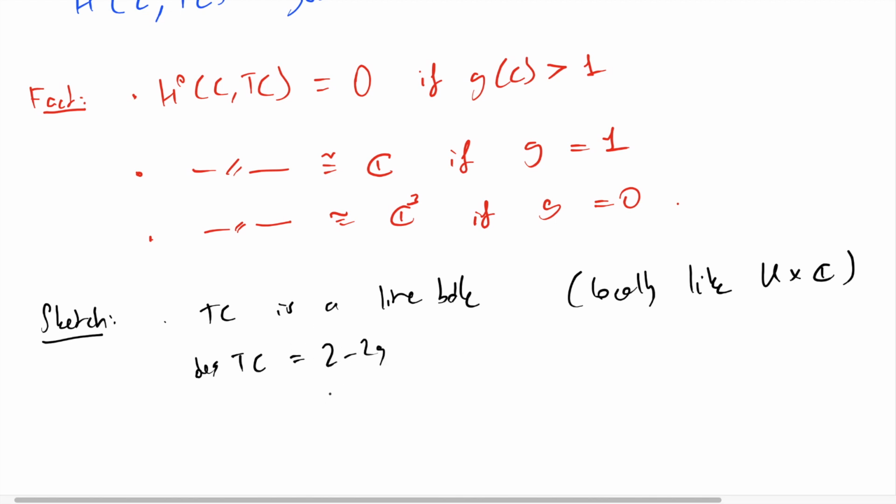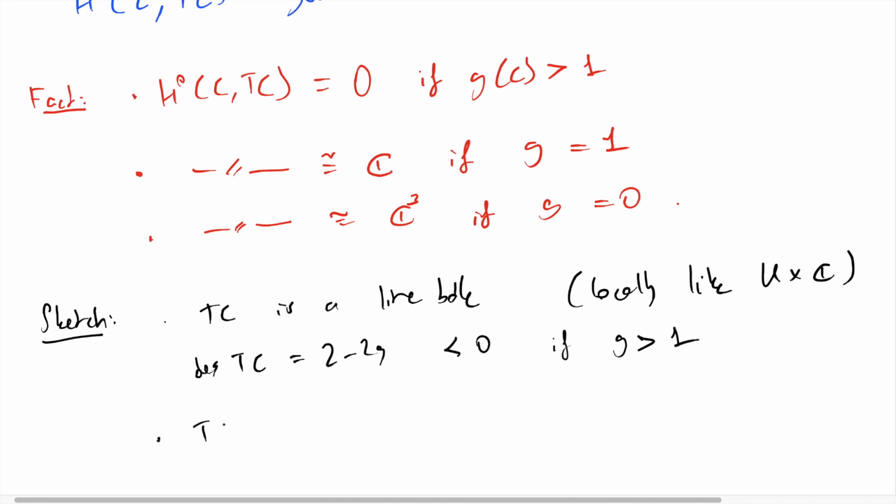You can deduce this in several ways, for example, Riemann-Roch. And this is negative if g is greater than 1. One interpretation of degree is that if you have a global section, the degree is its number of zeros. And a holomorphic section cannot have poles. So when you have a negative number here, it means that you cannot have any holomorphic section of TC. So that proves the zero part.